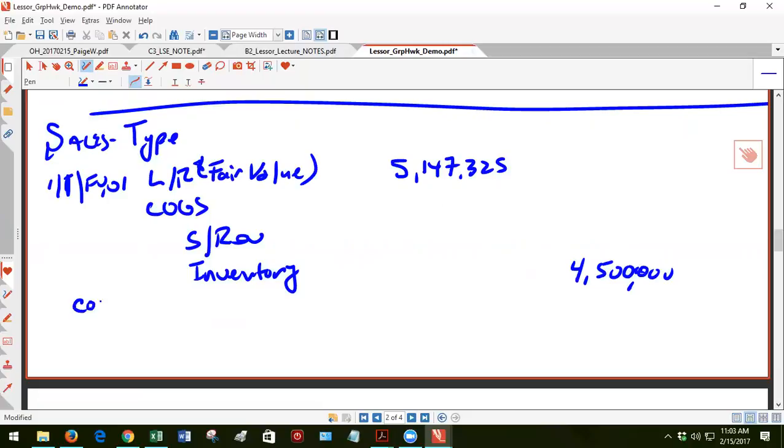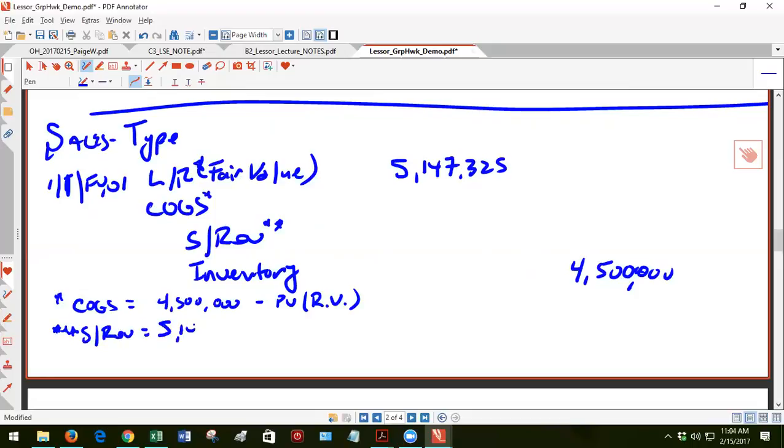So cost of goods sold is going to equal 4.5 million minus the present value of the residual value, and sales revenue will equal 5,147,325, also minus the present value of the residual value.